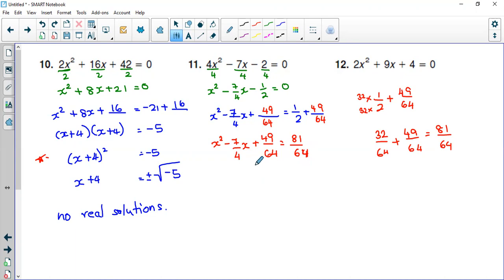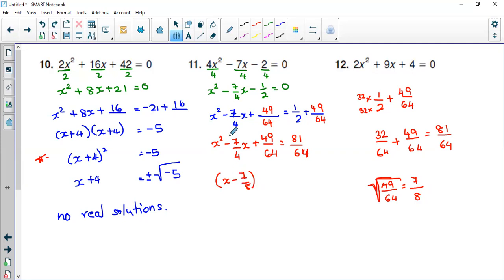Whenever you have fractions that you're going to factorize, you simply take the square root of the number. So the square root of 49/64: the square root of 49 is 7 and the square root of 64 is 8. So you will rewrite this as x minus 7/8.